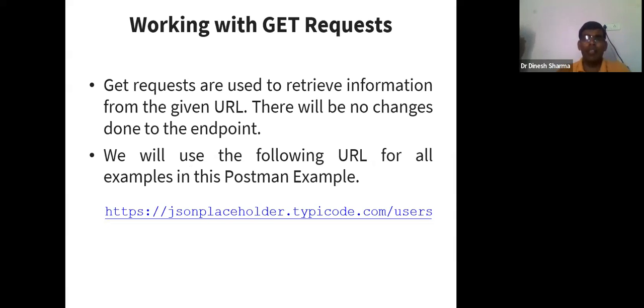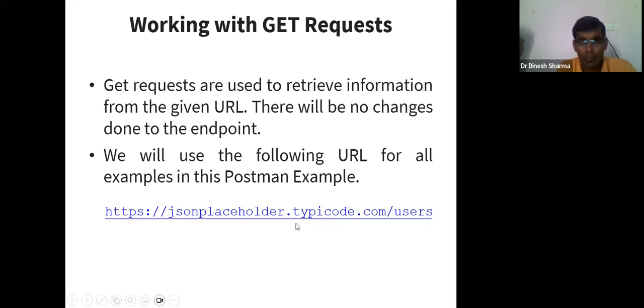Now we will start testing of our API with the help of a GET request. Clear? So how will we check our API? I am using this URL, jsonplaceholder.typicode.com/users. With this URL, first I will send a GET request.